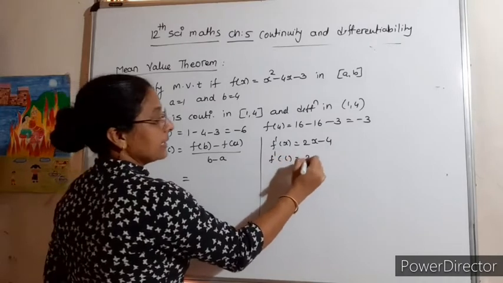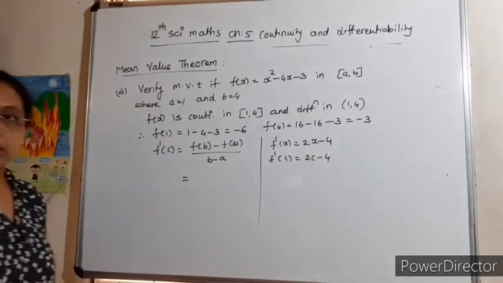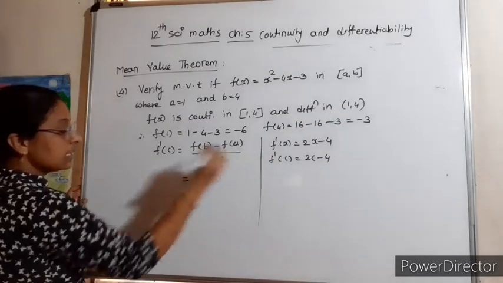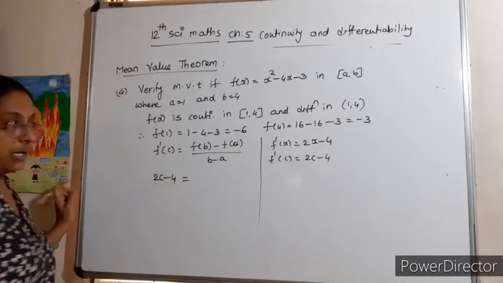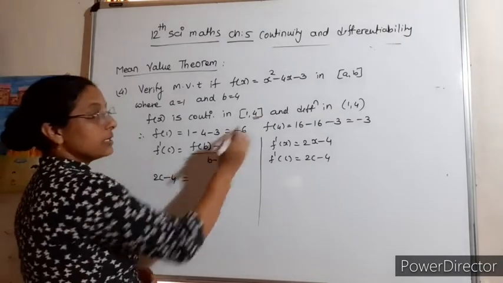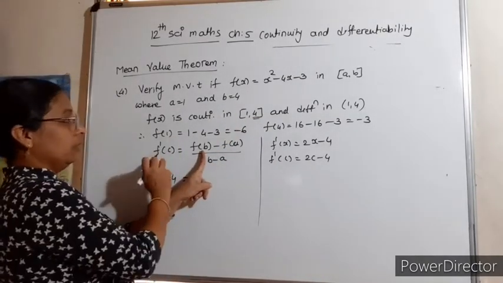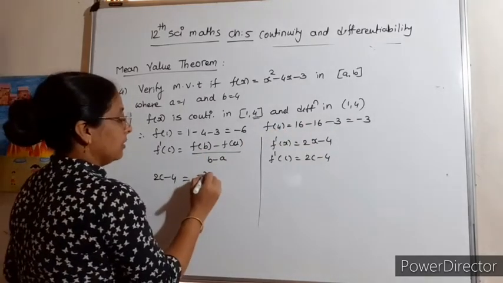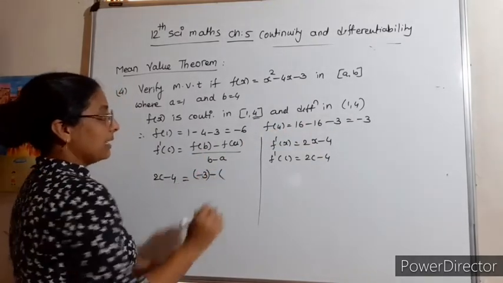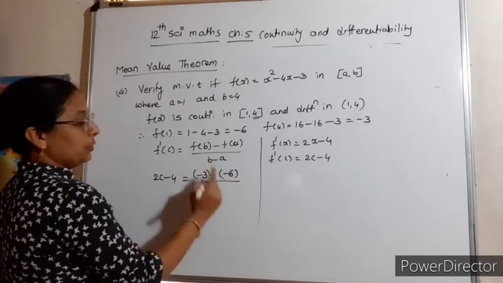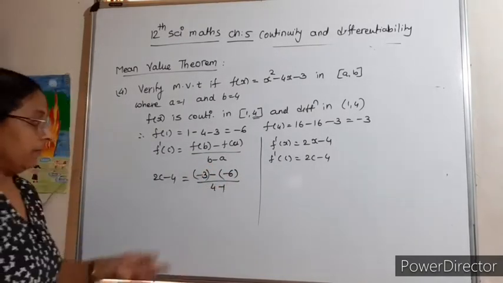What is f dash C? 2c minus 4. Put all the values here. F dash C is 2c minus 4. B is what? 4. So f of B, that is f of 4. What is f of 4? Minus 3. Minus f of 1, minus 6, upon 4 minus 1.